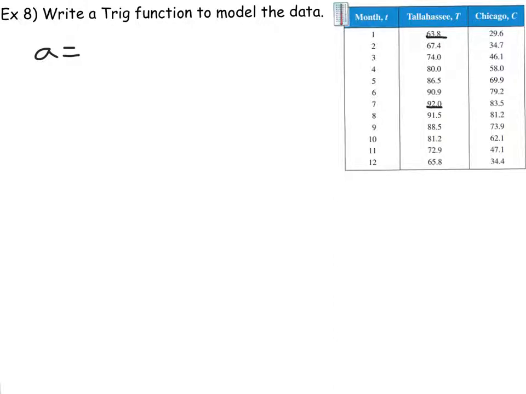This is a weather model, by the way. We're just getting climate data on two cities, Tallahassee and Chicago. We've got our max and min, and the other thing I'm looking at in my table, really two other things that are going to affect the equation I'm going to write, is this goes from 1 to 12.